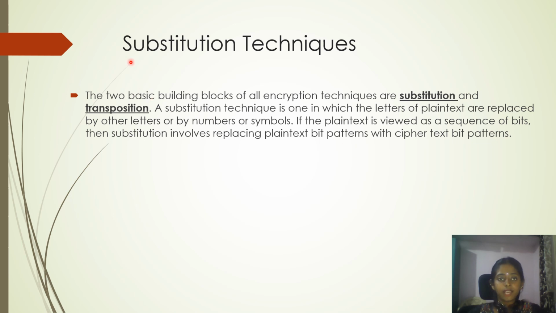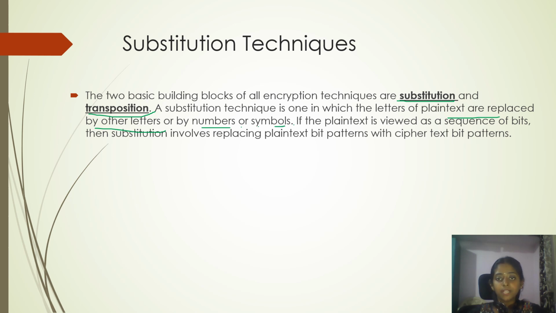So next we have substitution techniques. In this, the two basic building blocks of encryption techniques are substitution and transposition. A substitution technique is one in which the letters of plain text are replaced by other letters or by numbers or by symbols.